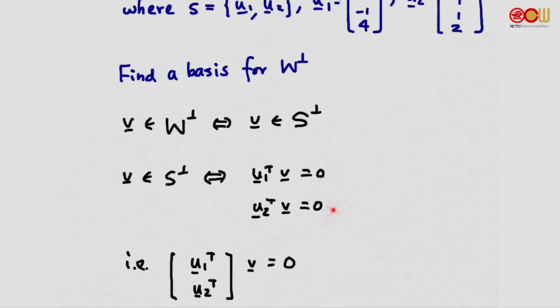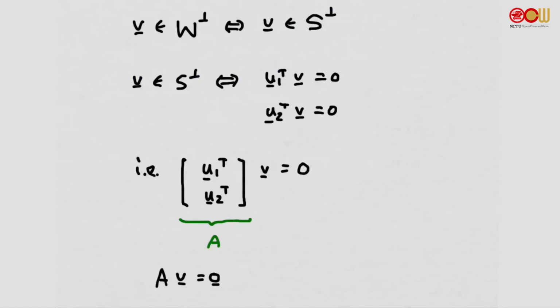Combining these two equations together, we get the matrix with rows U1 transpose and U2 transpose, times V, equal to 0. Let's call this matrix A. What does this mean? This means AV is equal to 0, a homogeneous equation, something that we are already very familiar with.